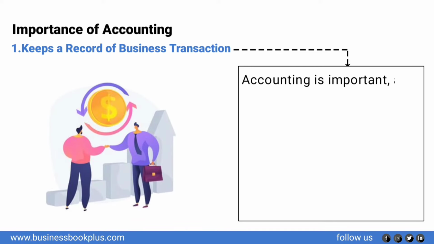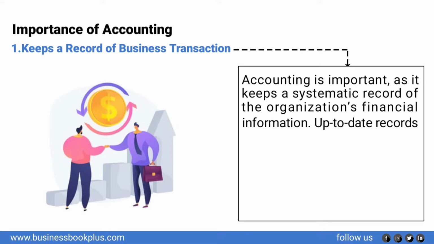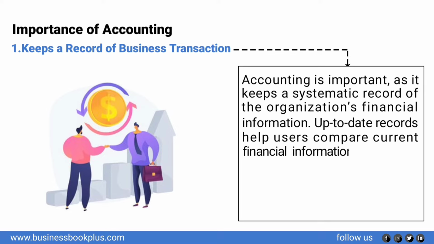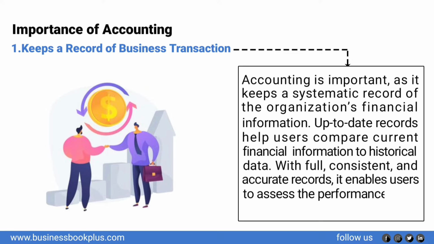Accounting is important as it keeps a systematic record of the organization's financial information. Up-to-date records help users compare current financial information to historical data with full, consistent, and accurate records. It enables users to assess the performance of a company over a period of time.